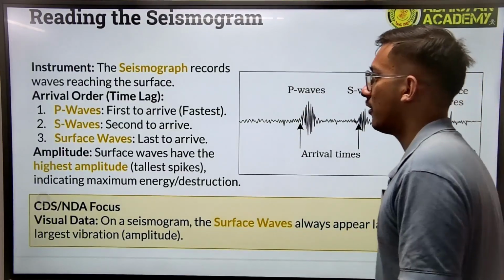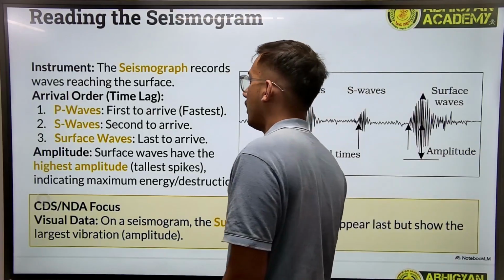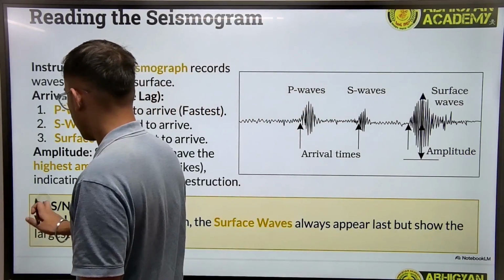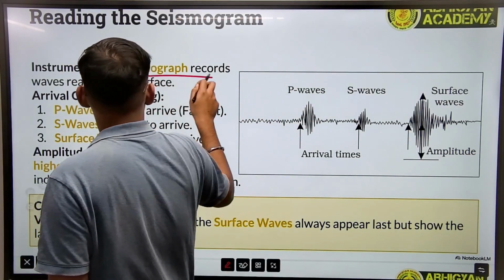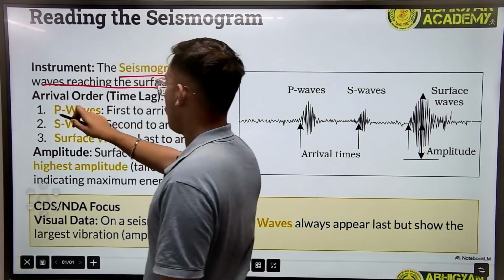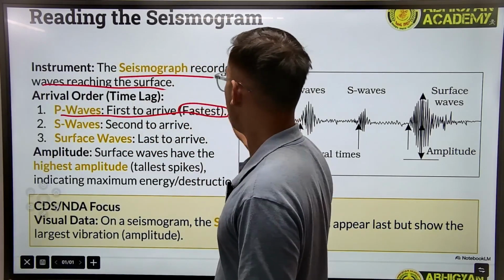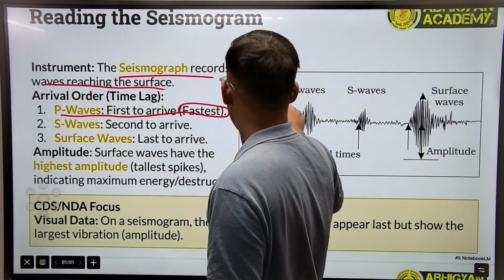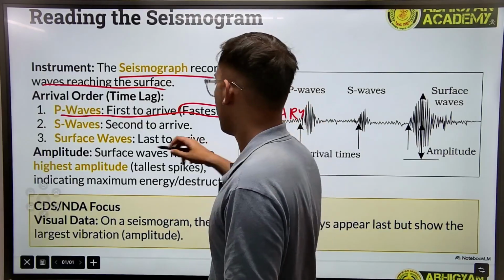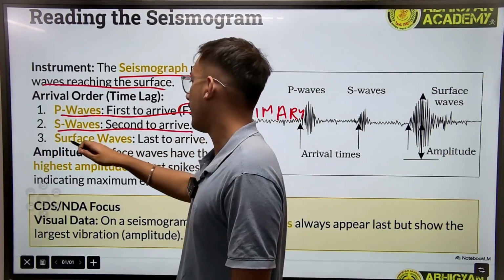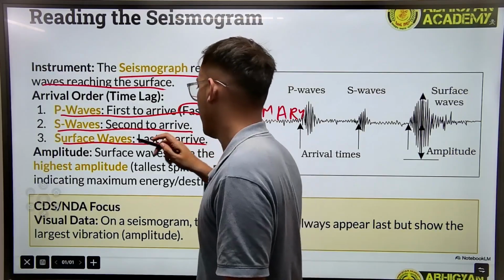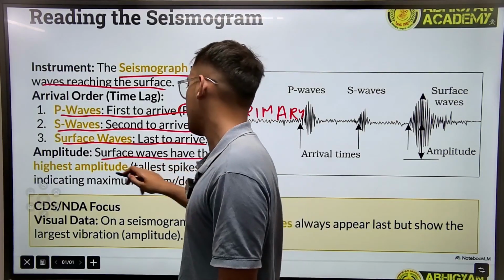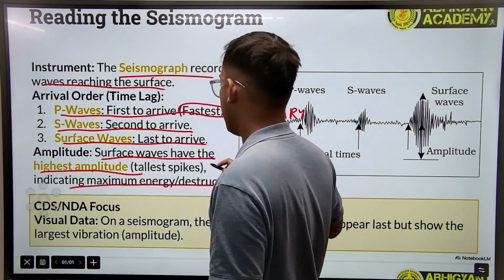Now we come to the seismograph. A seismograph records waves reaching the surface. We have P waves, the first to arrive and the fastest, also known as primary waves. Then secondary waves, second to arrive, and surface waves, last to arrive. Surface waves have the highest amplitude, indicating maximum energy and destruction.